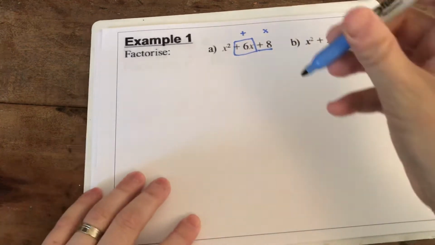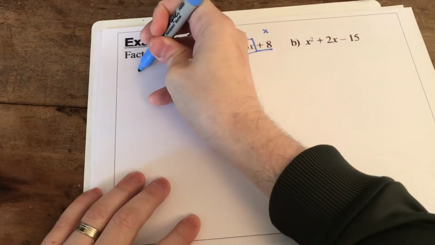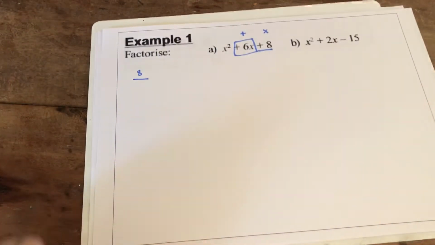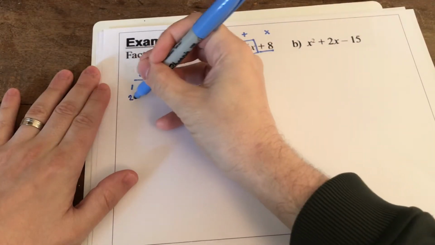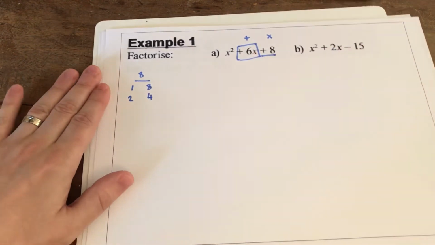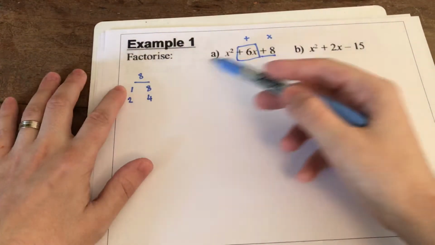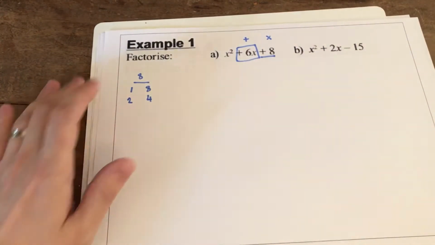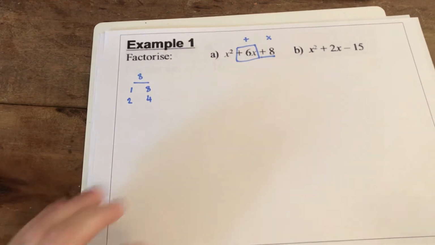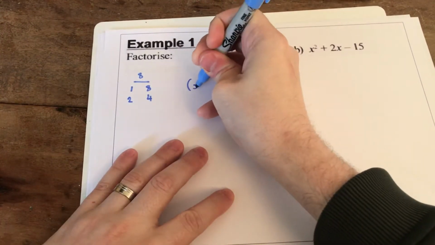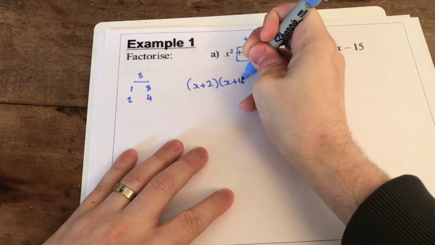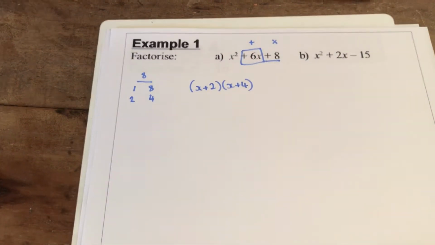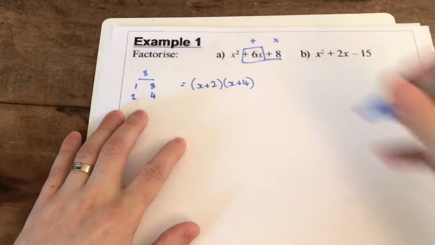Okay, so we're going to look at factor pairs of 8: 1 and 8, 2 and 4. Now 1 and 8 add to give me 9, but 2 and 4 add to give me 6. So in my double brackets, I would have x plus 2 and x plus 4. And that would be that expression factorised.